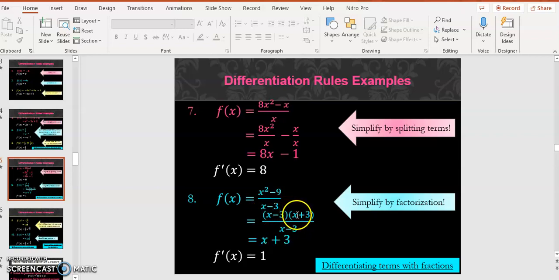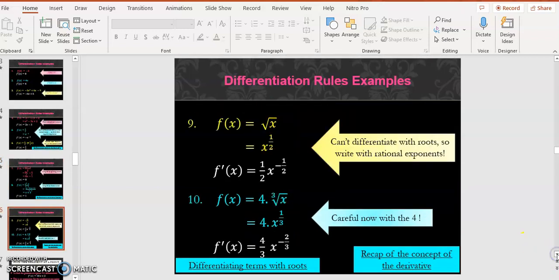So I'm going to get x plus 3. Now x plus 3, we can differentiate this one. This exponent is 1. So 1 times 1 will give you 1. 1 minus 1 will give you 0. So x exponent 0 is 1. So 1 times 1 will give you 1.